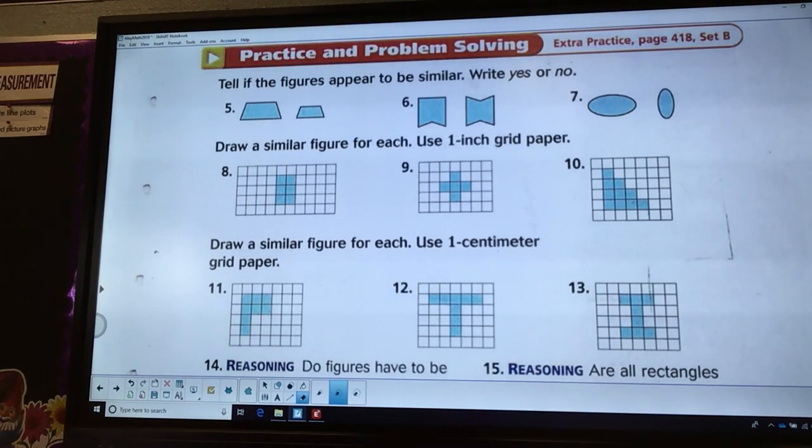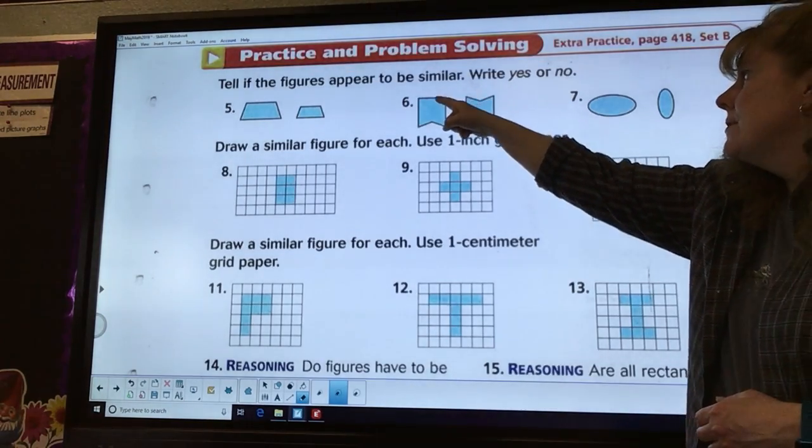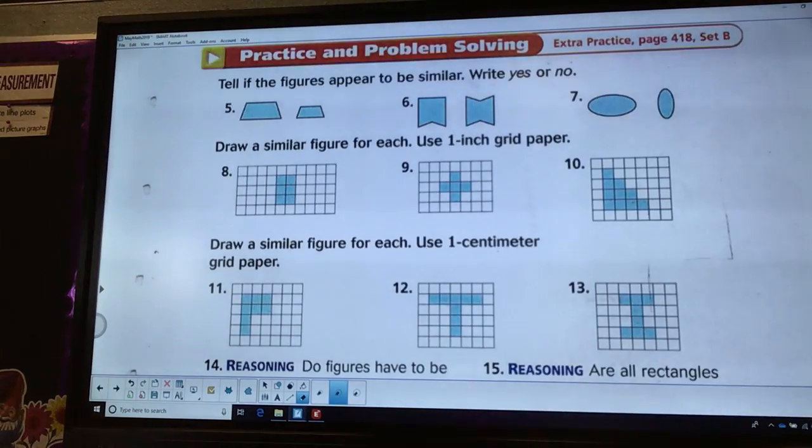So, I have to think to myself, well, I know that similar figures have to be the same shape, but they can be different sizes. These are kind of the same size, but they're not the same shape. I notice that this one does not have that notch out of the top, so the answer is no, they're not similar because they're not the same shape.